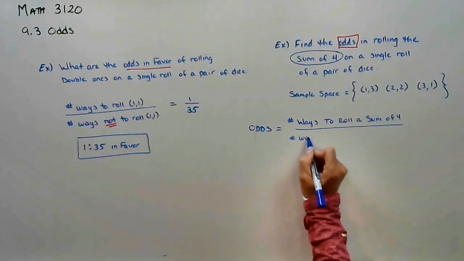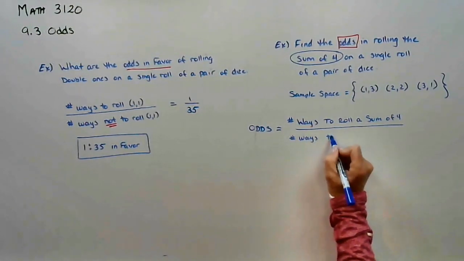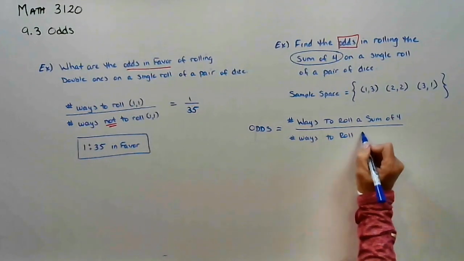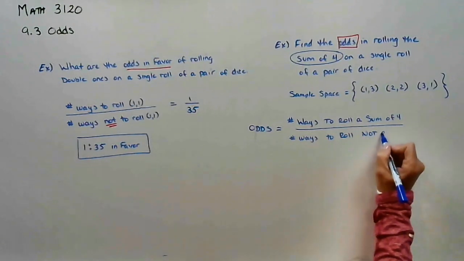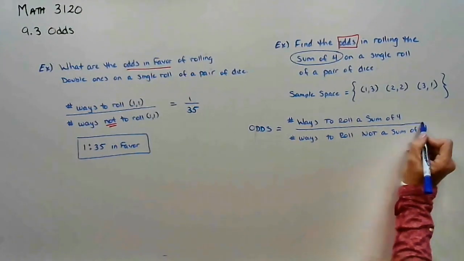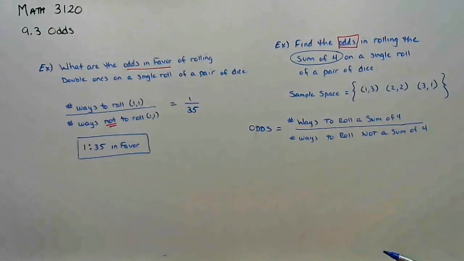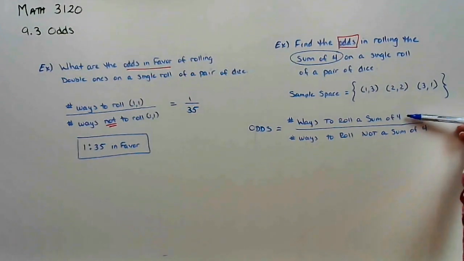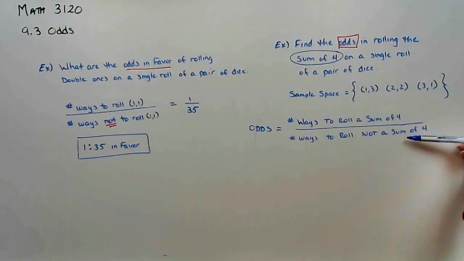That's what we mean by the number of favorable, which is what we want, divided by the number of not favorable or unfavorable.